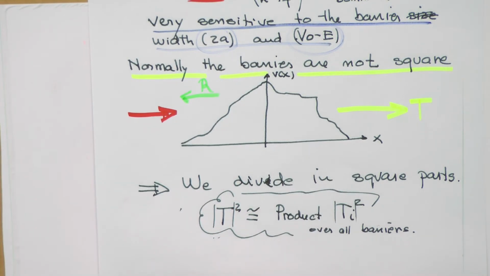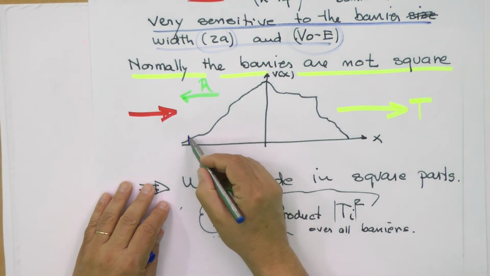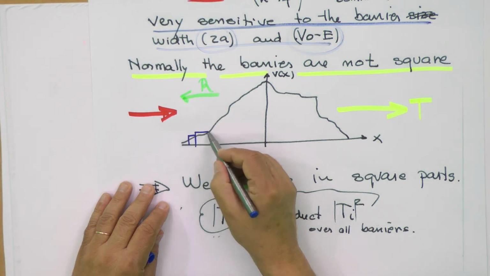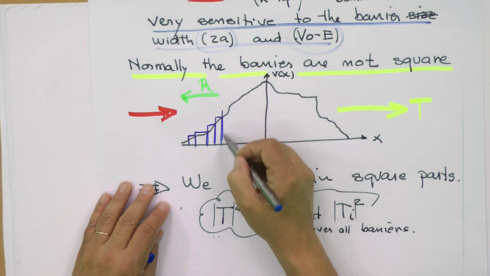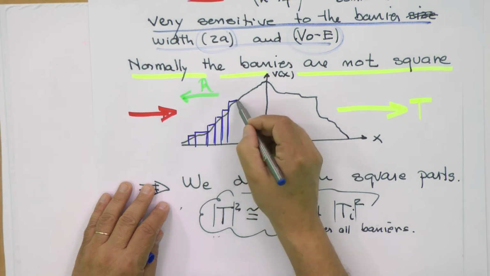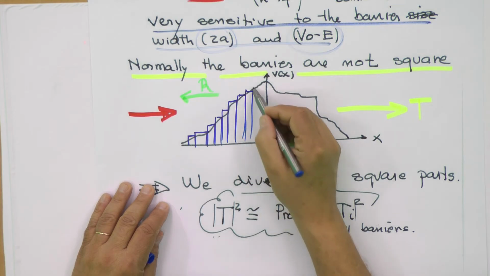It's easy. We learn in mathematics that anything can be divided into tiny little rectangles. I can make this potential by supposing I have tiny little rectangular barriers that make it, right, and so on.